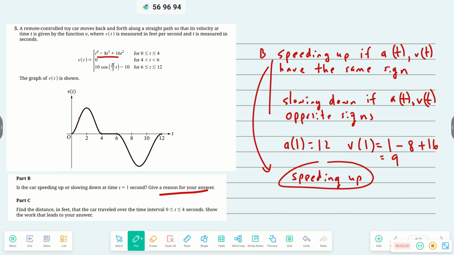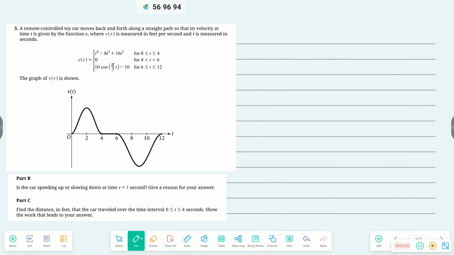Part C, find the distance in feet that the car traveled from 0 to 4. Distance in feet. To do this, I'm going to clear off the red here. I'm going to need some space. Total distance is the integral. Now, total distance versus total displacement: remember, that is the absolute value.